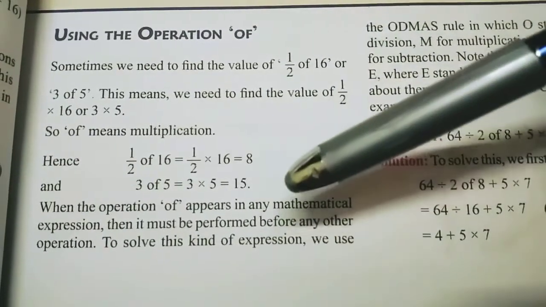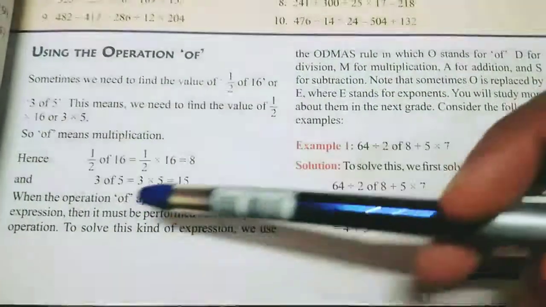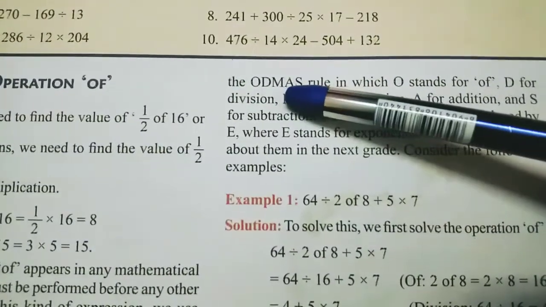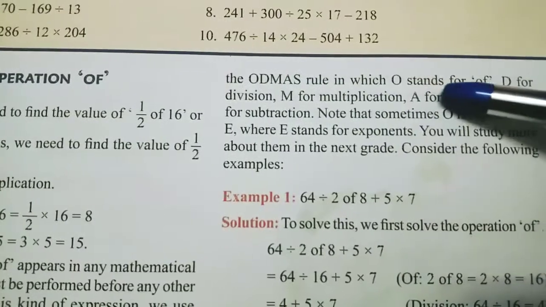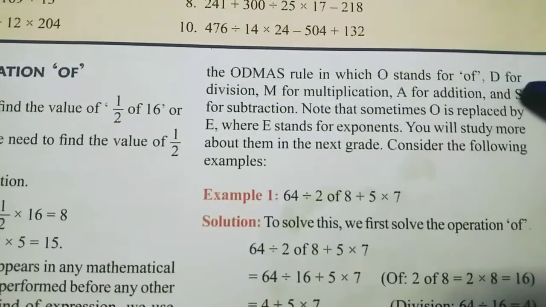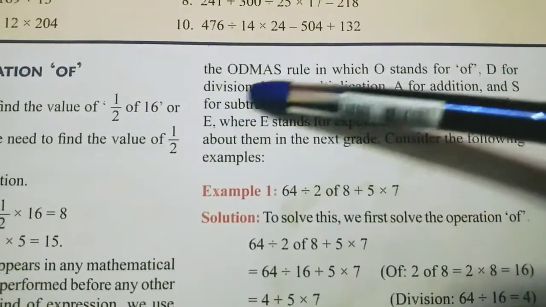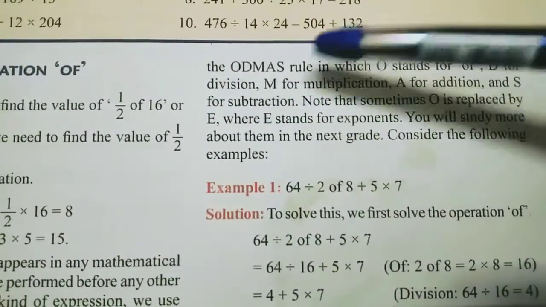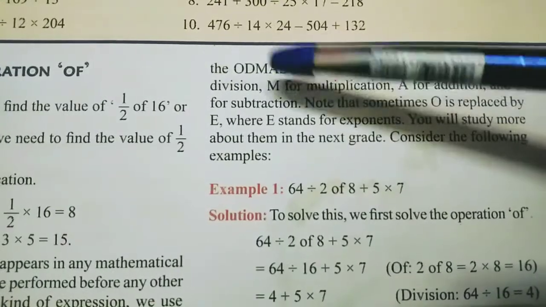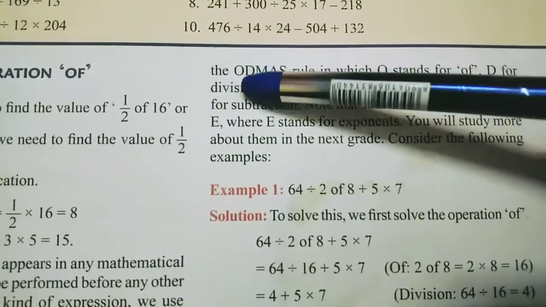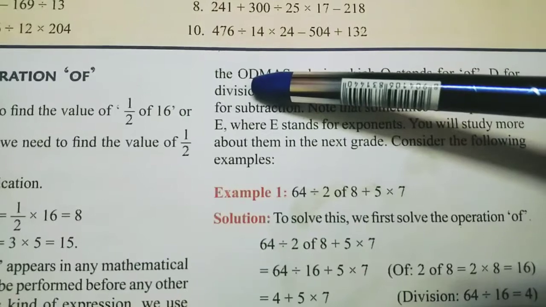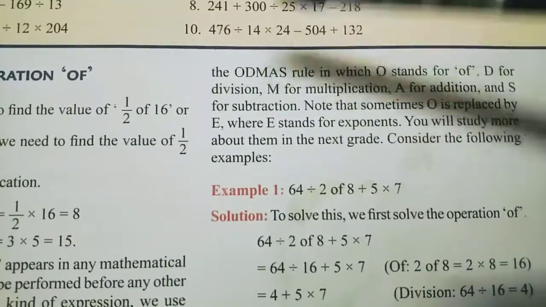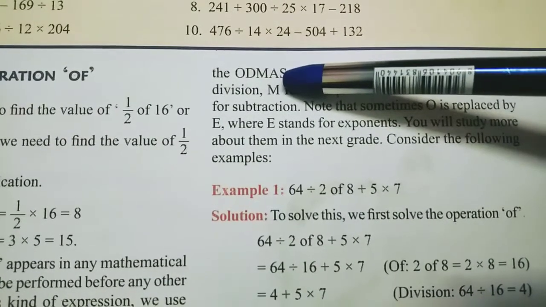To solve this kind of expression, we use the ODMAS rule, in which O stands for OF, D for division, M for multiplication, A for addition, S for subtraction.